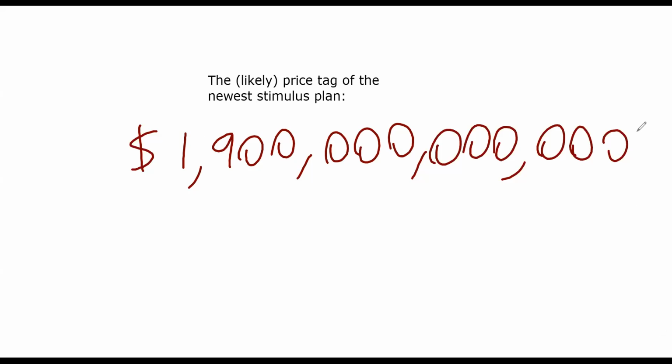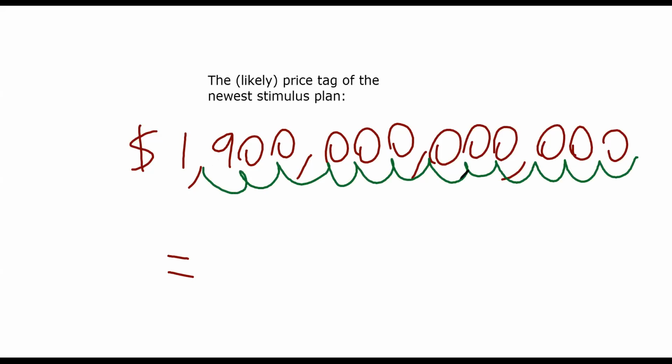If you want to express that in scientific notation, you need to move the decimal point until your first number is between 1 and 10. So you clearly have to move the decimal point 1, 2, 3, 4, 5, 6. I'm doing a terrible job with that. Hold on. 1, 2, 3, 4, 5, 6, 7, 8, 9, 10, 11, 12 places.